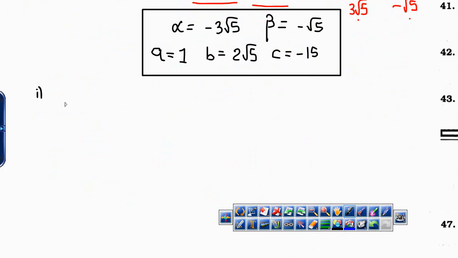The first relationship is alpha plus beta is equal to minus b by a.